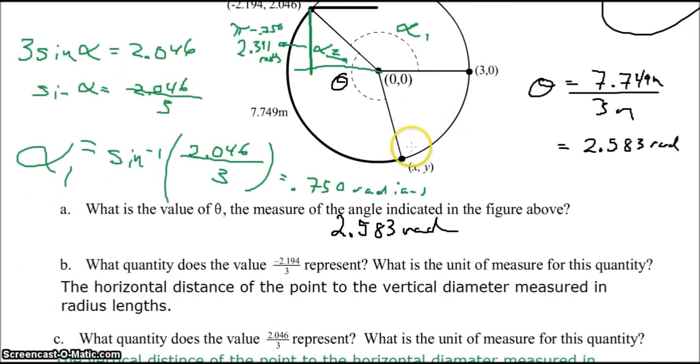Oh, there it is. X and y. Well, I'm going to add up all my angles together. Alpha 1, 0.75, plus my alpha 2, 2.39, which of course comes out to pi, plus theta, which was 2.583. I get my total angle is 5.723.